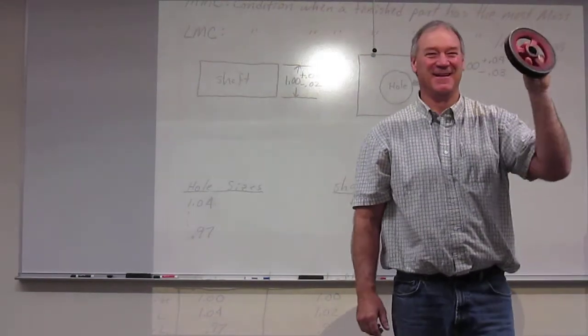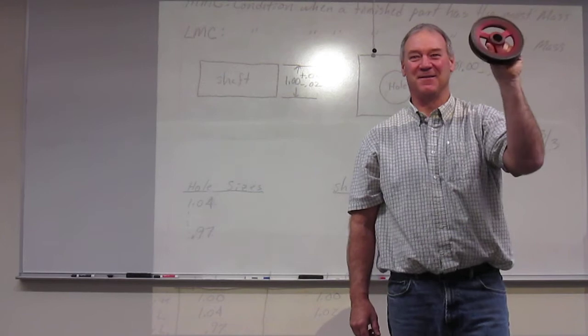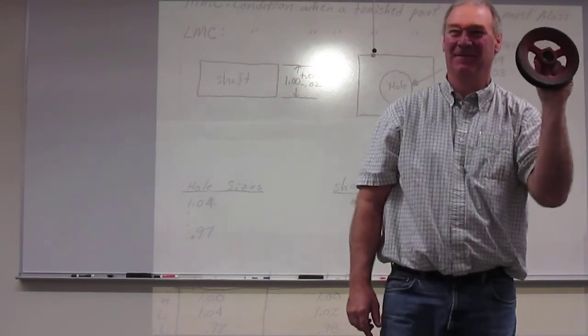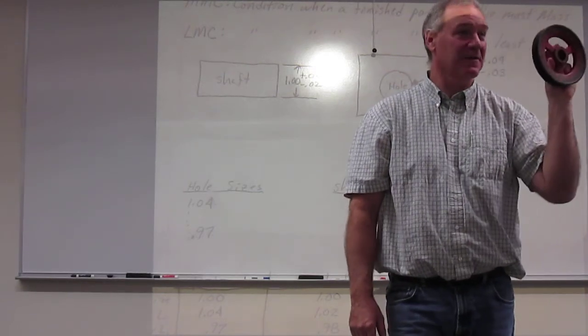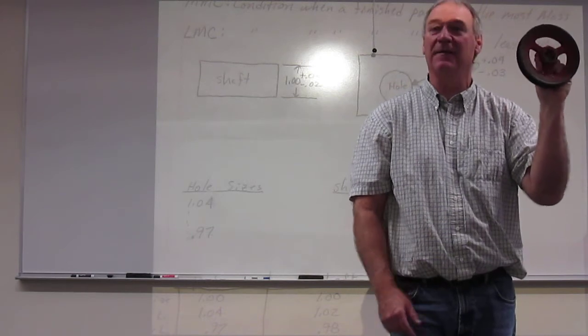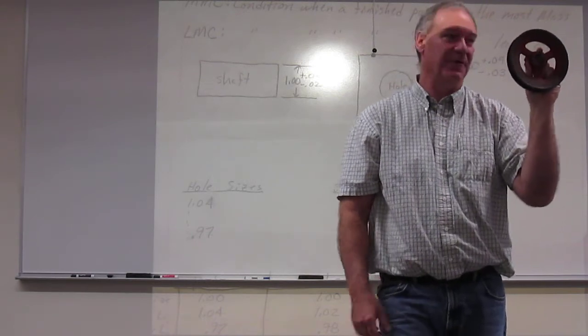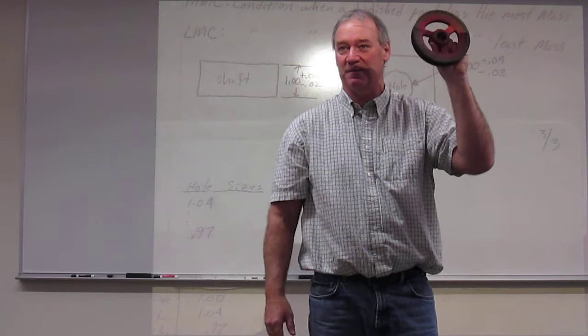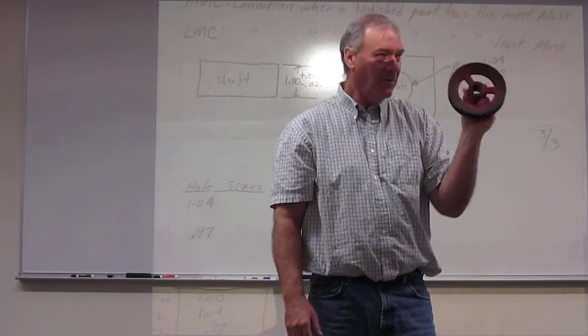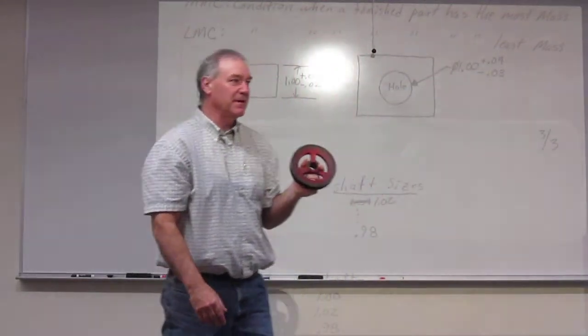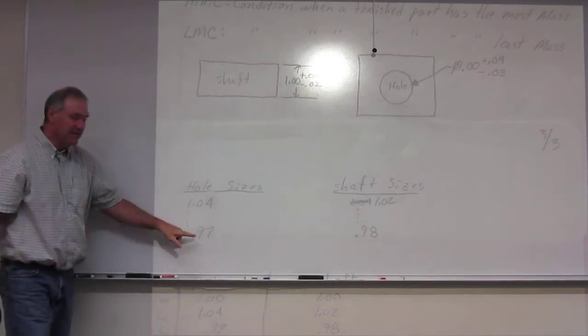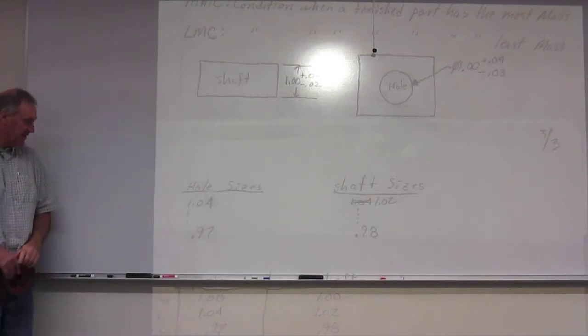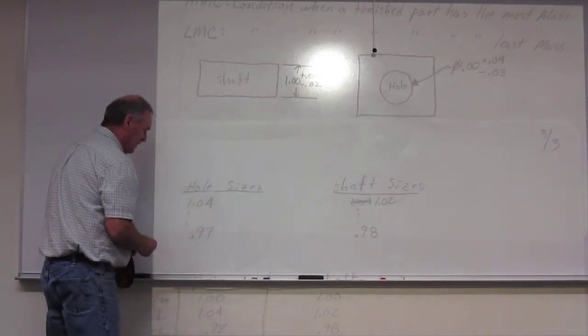When the hole has the most mass, then I agree with Lisa. It's when it's its smallest, right? Because it's a negative cylinder. The larger it gets, the less mass the part has, right? So the hole is at maximum material condition at this point. Okay, so this 0.97 is MMC.